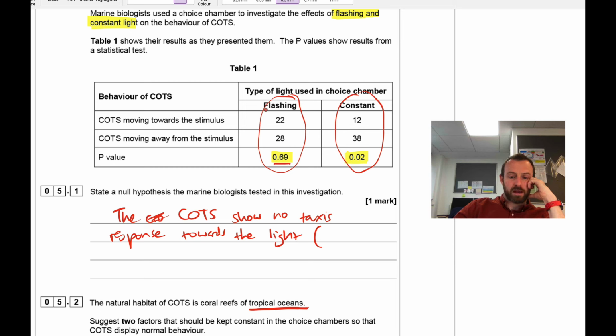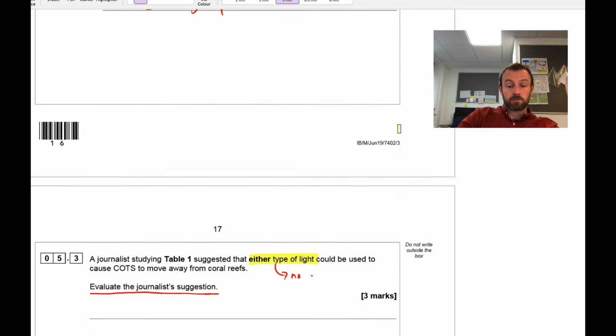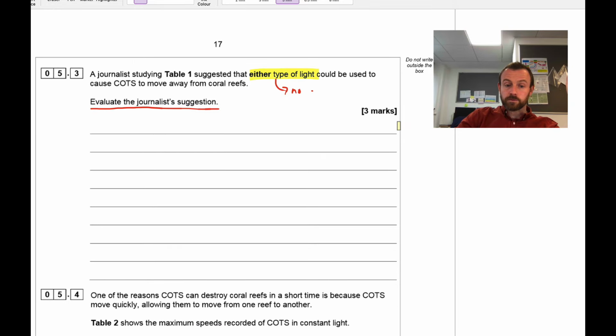Flashing light would not be effective because it is an insignificant result because the p-value is high, higher than 0.05, so that is larger than 0.05, and this is smaller than 0.05. So I think there's going to be marks for saying it's bigger than the critical value of 0.05, and in this case it's smaller than, so this difference is not significant, this difference is significant. That's probably going to be 2 marks.